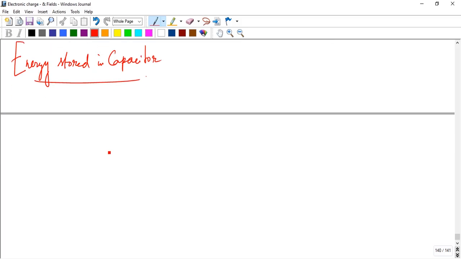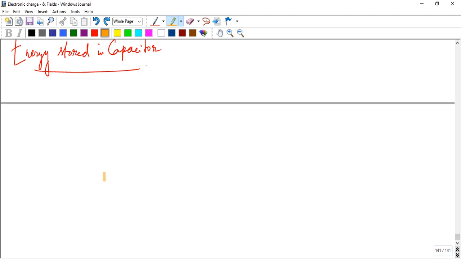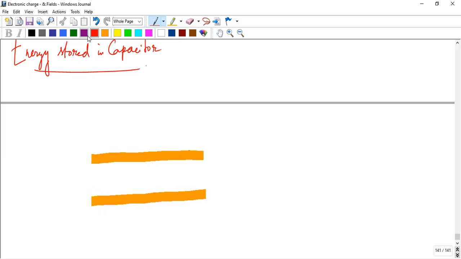So here are two surfaces, one surface here and the other surface here, two equipotential surfaces. The upper surface has a positive charge, and the lower surface has a negative charge.